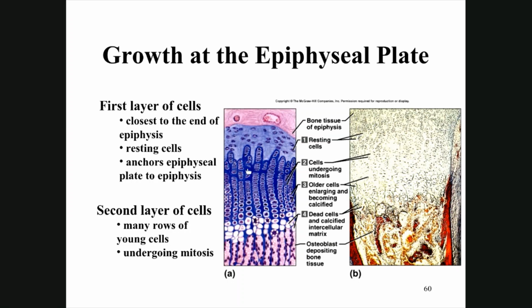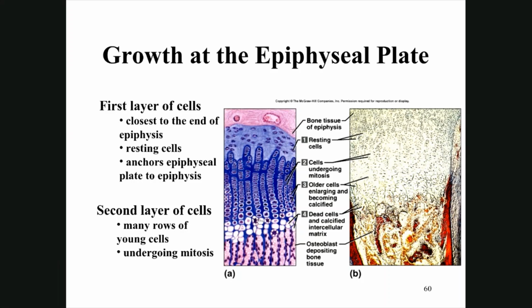right here, they're undergoing mitosis. What that really means is they're dividing. So they're resting, and then they're dividing. As they get larger, they enlarge, hypertrophy, and when they hypertrophy, and especially when bone forms around or in them and they calcify, they're dead.